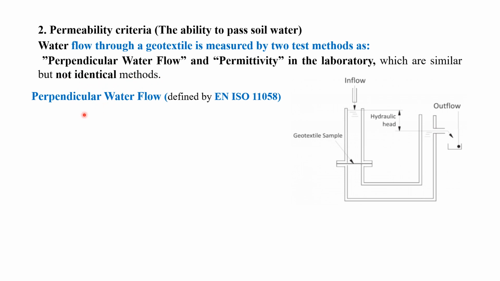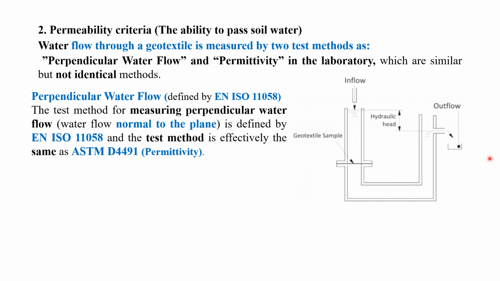We see the perpendicular water flow method is followed by the ISO, International Organization for Standardization. These are the codes by which we can test perpendicular water flow. This code follows the perpendicular water flow testing for the permeability, right?